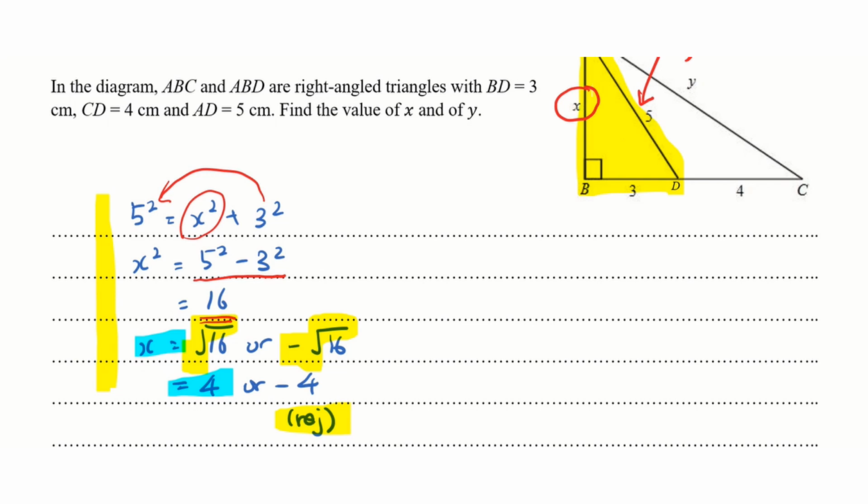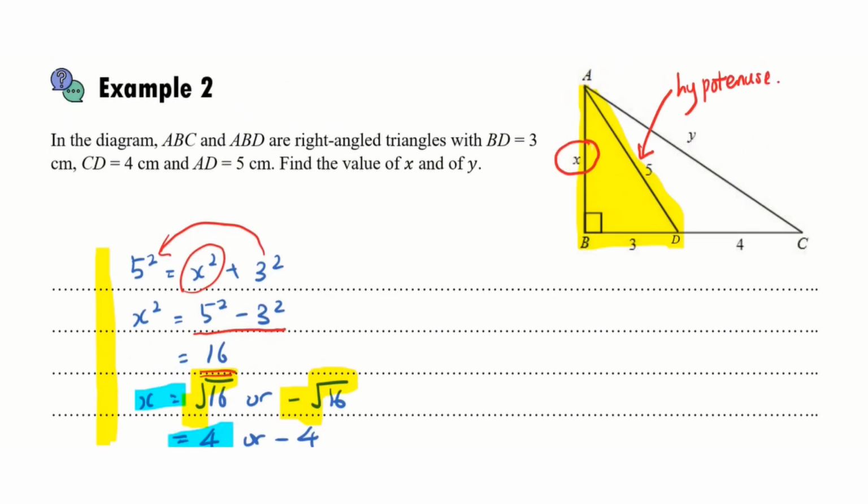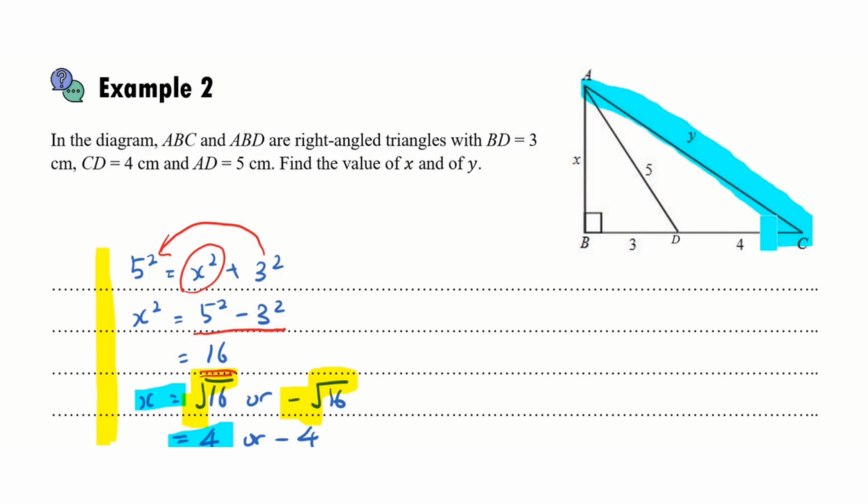Now that I have found the answer for x, I will need to find out the answer for y. So let me erase the things here. To find out the answer for y, I need to focus on the bigger right-angled triangle, which I am highlighting in blue. y is actually the hypotenuse, and then the remaining two sides of the triangle are BC, which is 3 plus 4 cm, and that is actually 7 cm.